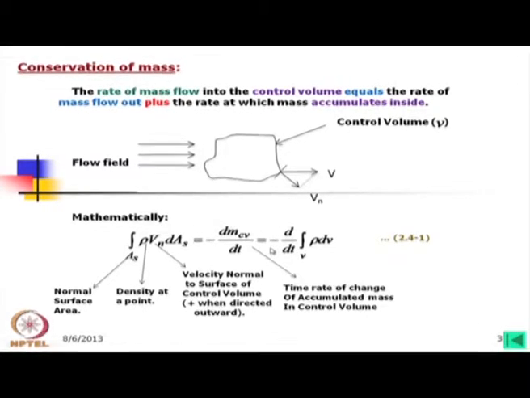If it is going out, then it will be minus. That must be equal to the elemental mass of control volume. We should consider the rate of change of elementary mass of control volume.